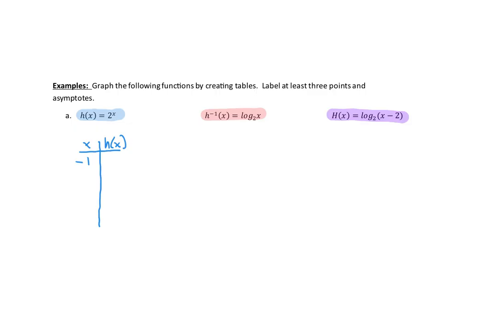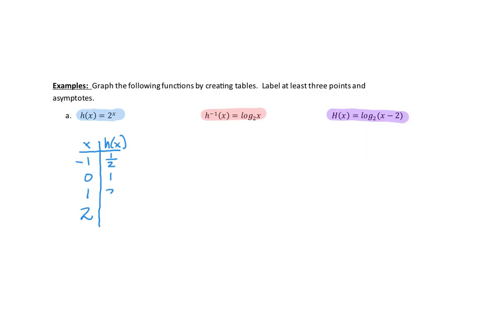Remember that for exponentials, we like -1, 0, 1. And because it is a base 2, I'm just going to go a little bit further, and I'm going to go ahead and go with 2 as well. All right, so remember that 2 to the -1, we want the reciprocal of 2, so that's going to be 1/2. Anything to the 0 power is 1.